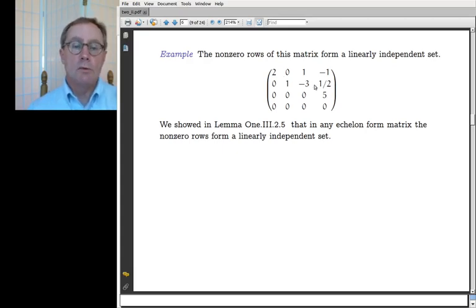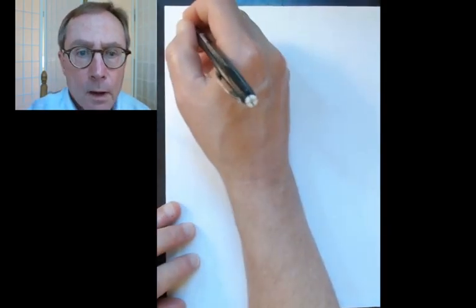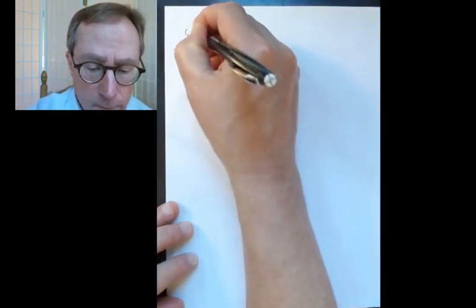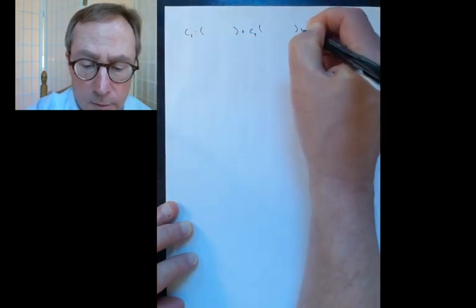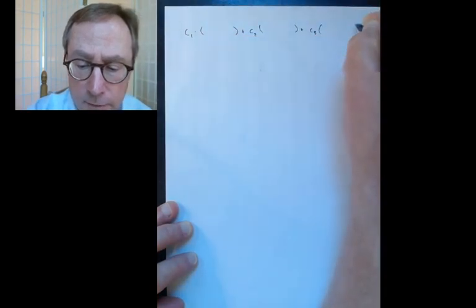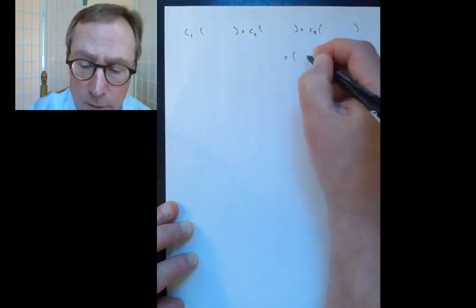And of course, no. If I were to write down c1 times the first row plus c2 times the second row plus c3 times the third row, equals the zero row.